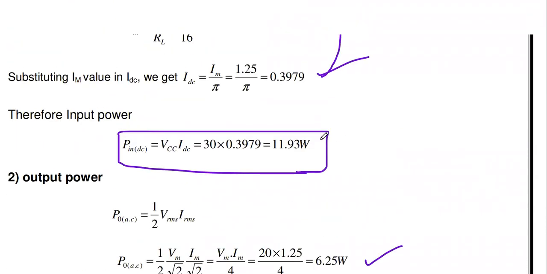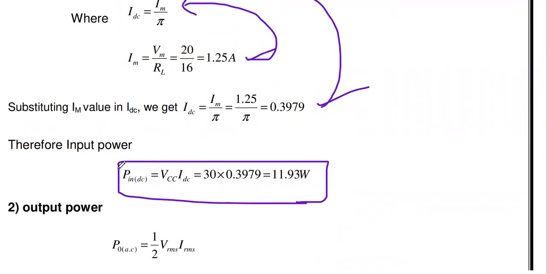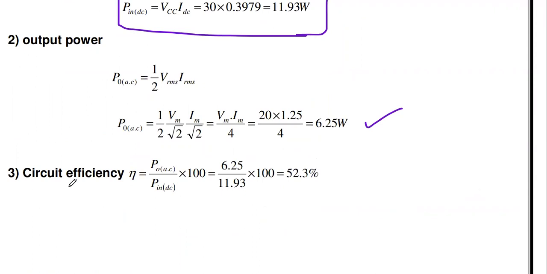Once you have calculated the input power and output power, the third one is efficiency, which is nothing but eta. It is the ratio of AC output power delivered to the load divided by the DC input power applied to the class B amplifier. So P naught AC divided by P in DC. What is P naught? 6.25 watts.